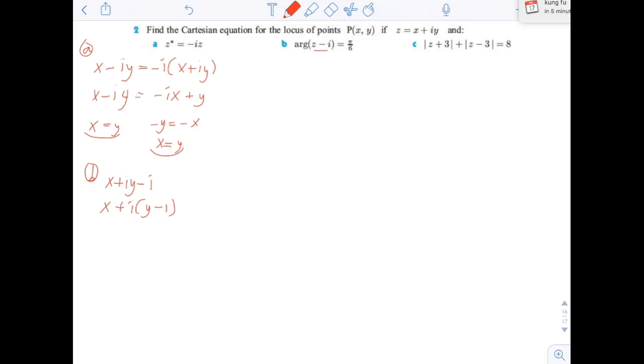So basically what we're saying is that the ratio between the vertical part, y minus 1, and the horizontal part, x, would have to be the tangent of pi over 6. The tangent of pi over 6 is going to be 1 over square root of 3, right? So we'll say that must equal 1 over square root of 3.